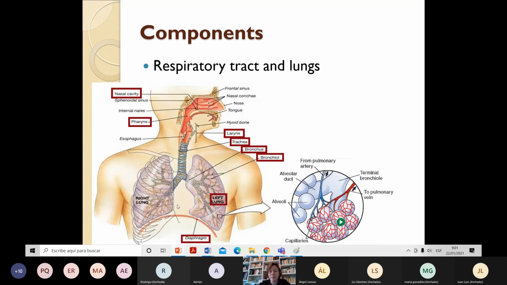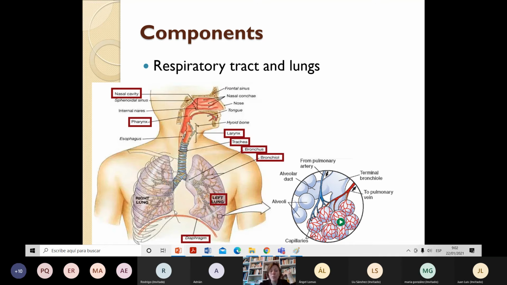In the higher parts, I've got the heart and the lungs. But as you can see, the diaphragm will not touch, no le toca, the heart. It is only there at the bottom of the lungs. This diaphragm in this picture is relaxed. ¿Vale? Esto es importante. The diaphragm is a muscle, and as a muscle, it can be contracted or relaxed.